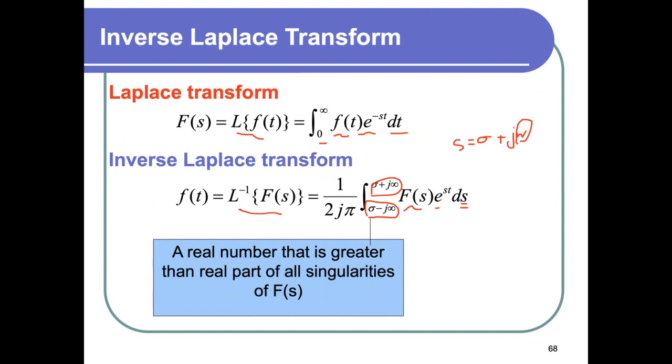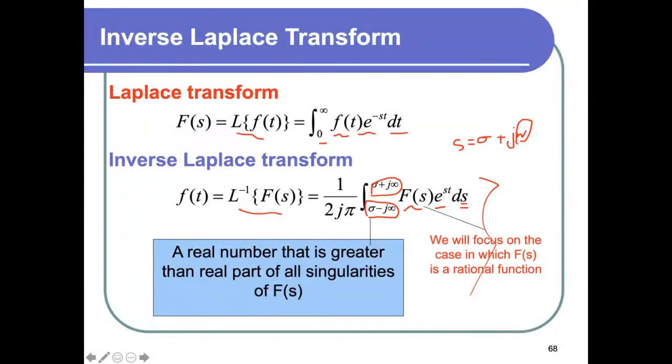We have F(s) e to the power of st, and 1 over 2 j pi. Sigma is a real number greater than the real part of all singularities of F(s). We will not use the definition to compute the inverse Laplace transform, but this is to state that there is a definition you can use.